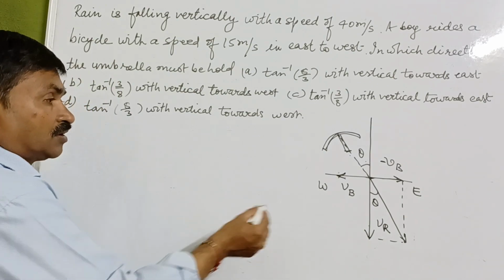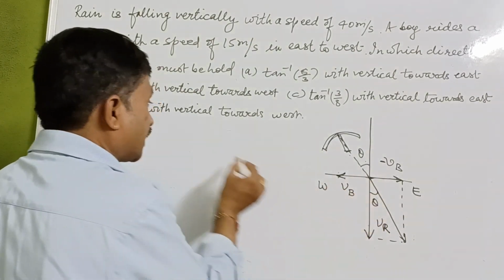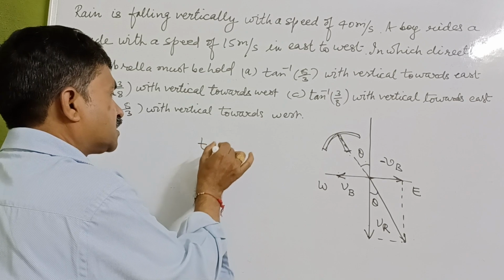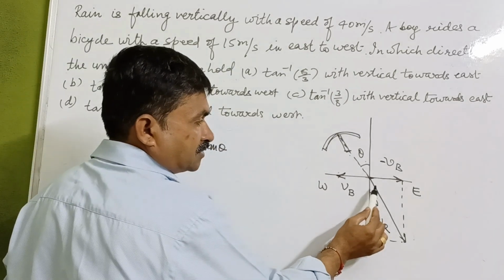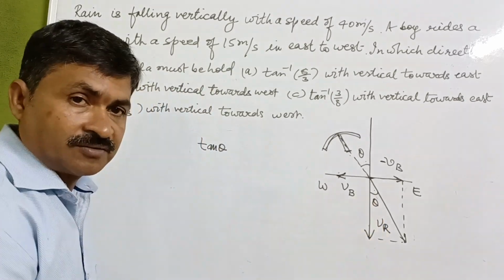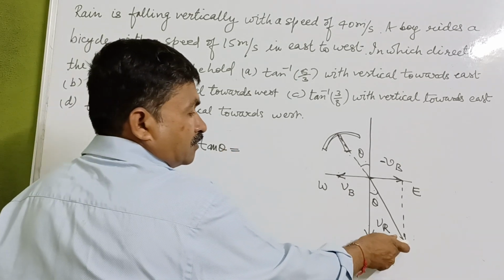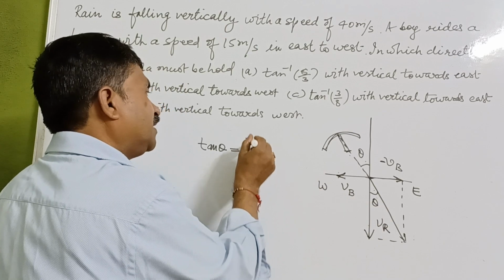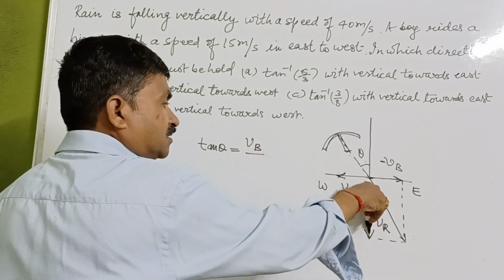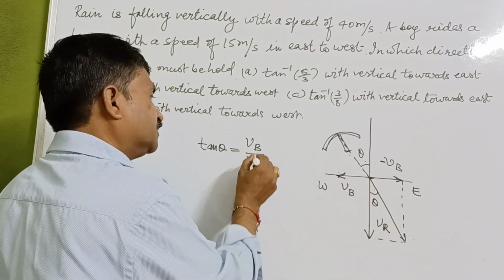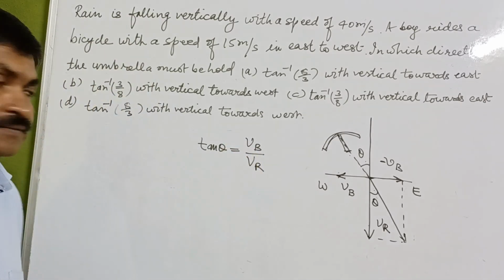this angle is theta, and we take the tangent of it. So tan theta is this velocity, that is Vb, upon Vr.